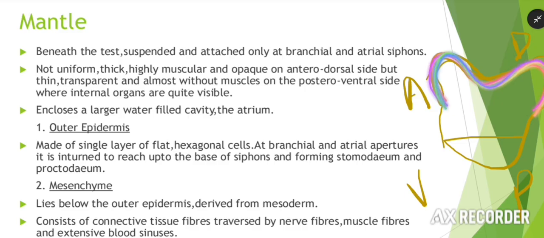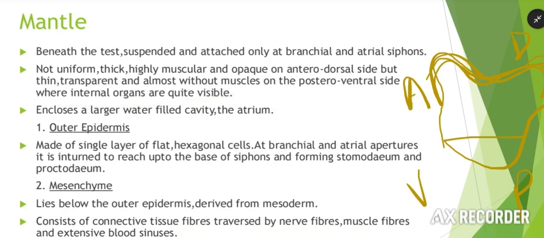Okay, but thin, transparent and almost without muscles on the posteroventral side. Here is the posteroventral side. So it is thin, almost transparent, without muscles on the posteroventral side. Posteroventral side is the side where the foot is attached to the body. Okay, so it is almost transparent, and because of this the internal organs are quite visible.